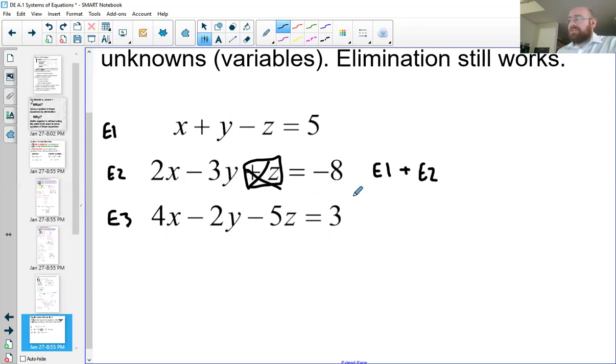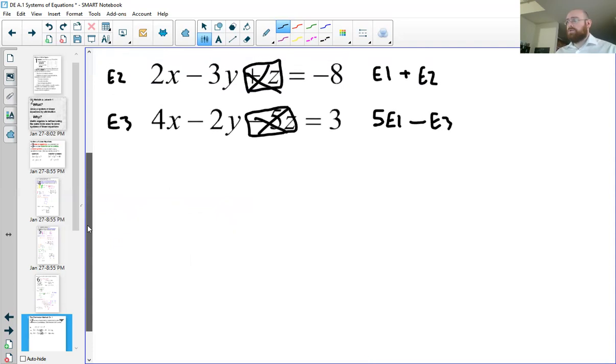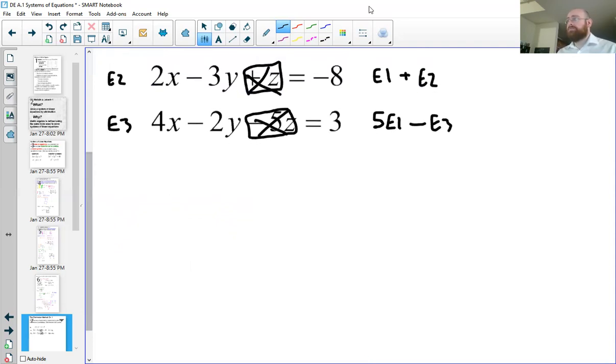So I would need to have 5 copies of equation 1 minus equation 3, because that would change this into a positive 5, and then we'd have a negative from up here, to cancel out this term. That's going to take a little bit of writing. So I'm going to pull out some color codedness.